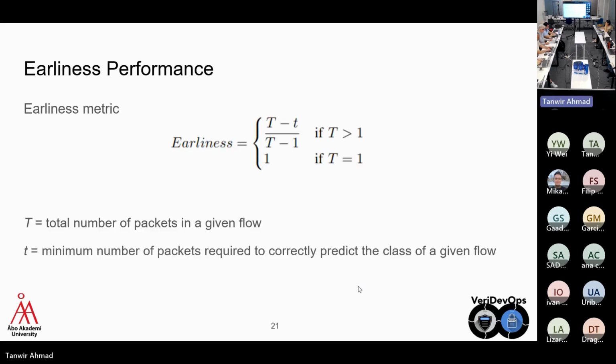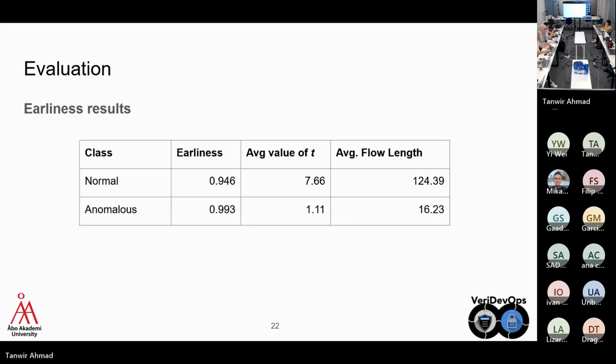And then we also evaluate the earliness of our approach, where any value close to 1 is good. As the value gets close to 1, it means that it can detect an attack with a few packets. And if it gets to 0, it means that it has to see all the packets in the flow to make a correct prediction.